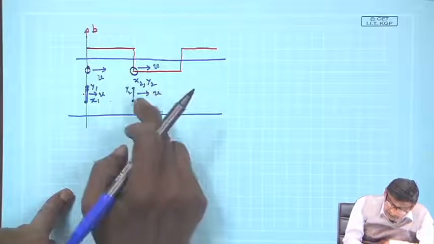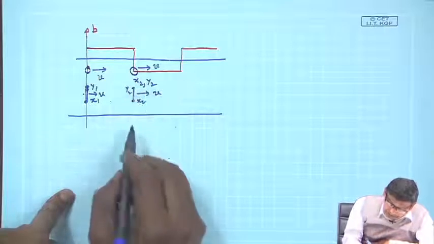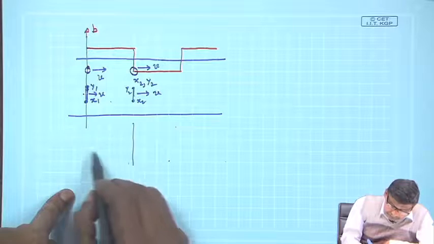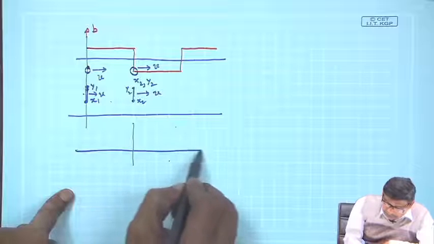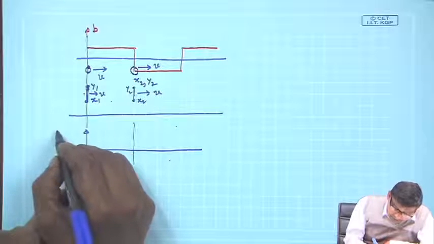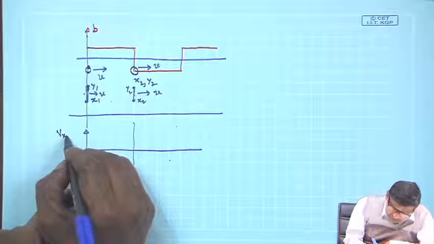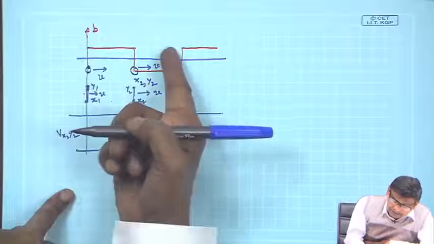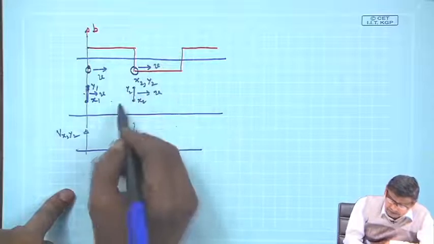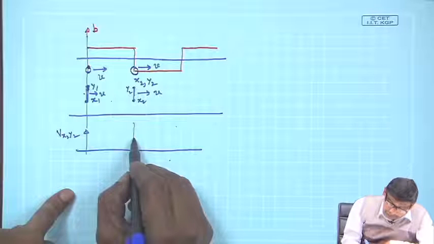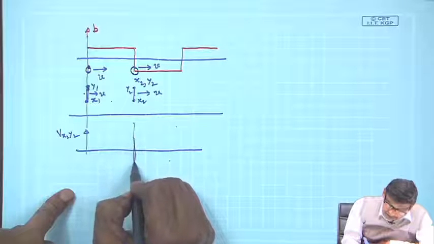Now, the induced voltage polarity for the second conductor, if I sketch, are you getting what I am sketching? V x2 y2 I am sketching. It will be the same as B, it is moving like this, so its induced voltage pattern will be like this.